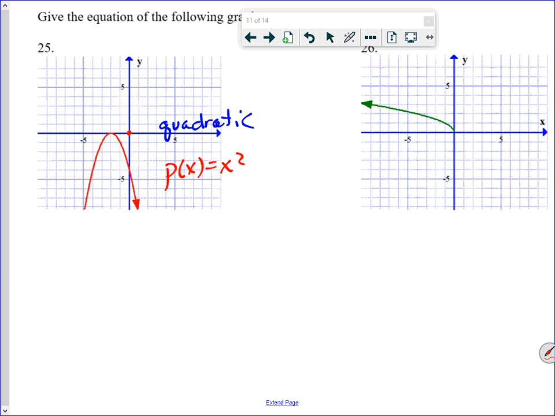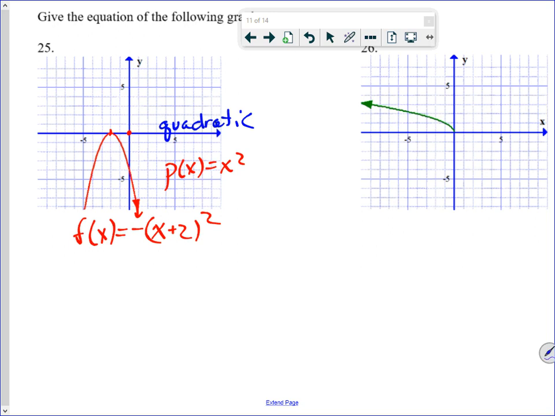It's been moved to the left 2 units. So f of x equals x plus 2 squared. But then on top of that, instead of opening up, it's opening down, which is why we get the negative out front.